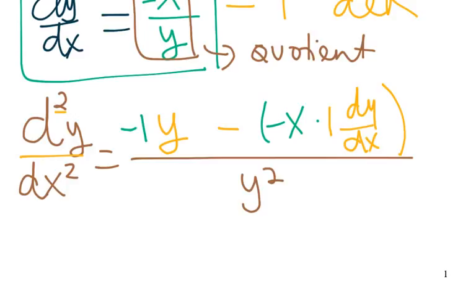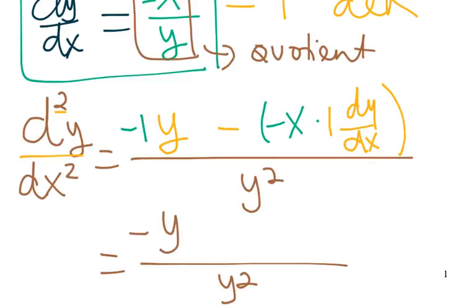Let's rewrite this: we have over y squared, negative y minus a negative becomes positive x dy over dx.